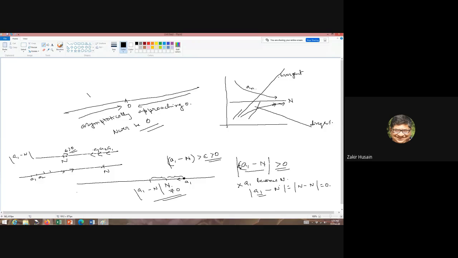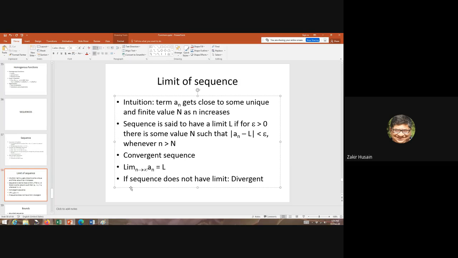It will always be equal to some value epsilon. So limit is some value which you will never touch, but you're always going to approach. Technically we write limit as n tends to infinity, the sequence approaches L.